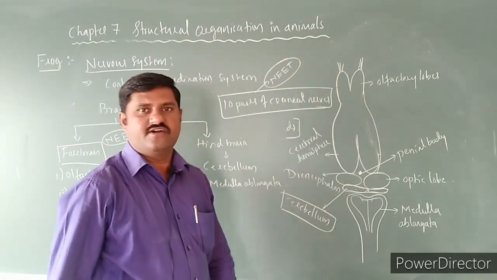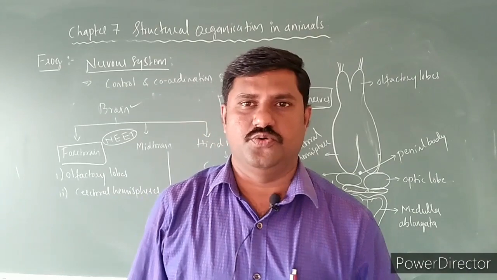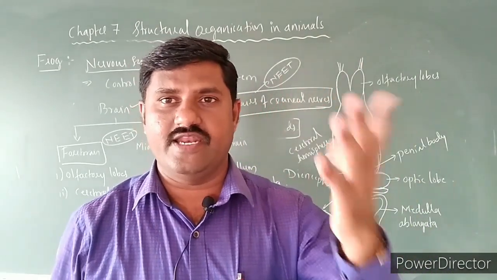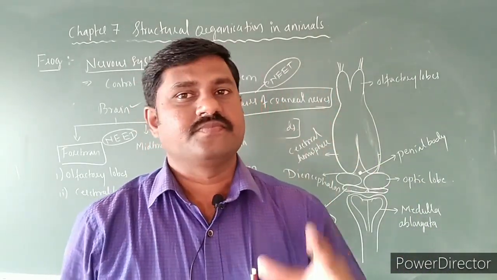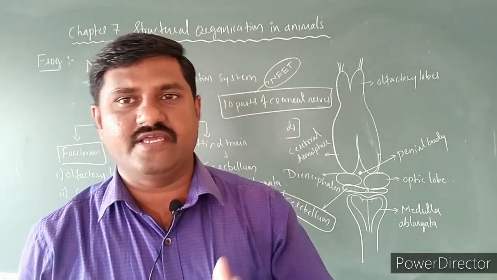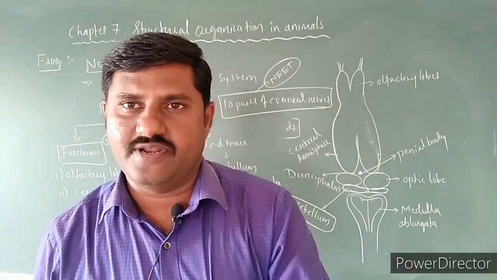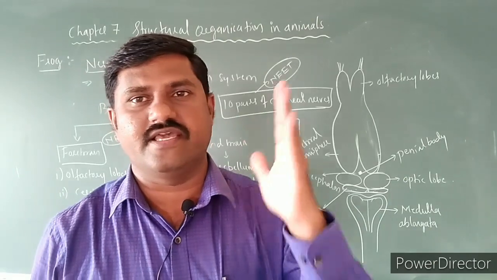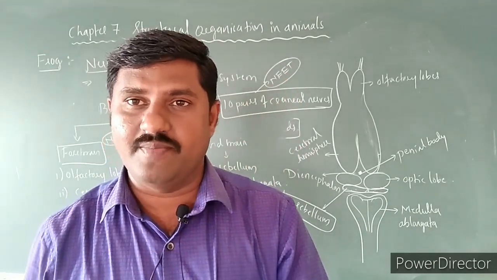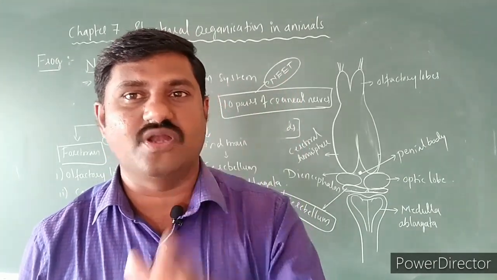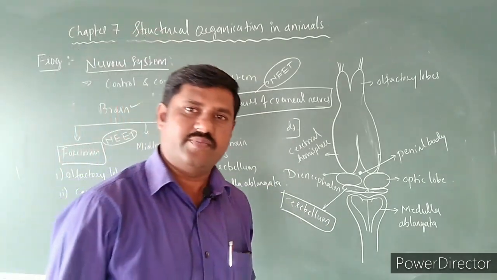You must go through the comparative study of cranial nerves. In fishes, how many cranial nerves are there? In amphibians, 10 are there. Then reptiles, aves, and mammals. In mammals, I would like to tell you, we come across 12 pairs of cranial nerves.